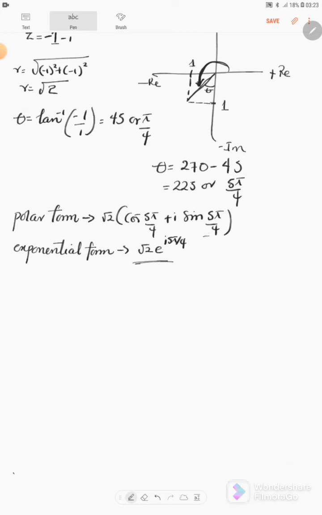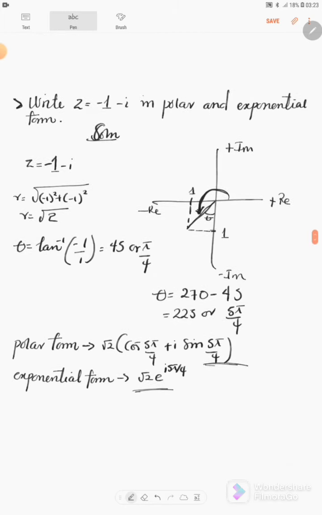Just like a puzzle, we found our r and we found our theta. As we all know, when solving, don't use this theta. The theta you're looking for is from here to here, because it's in the third quadrant.